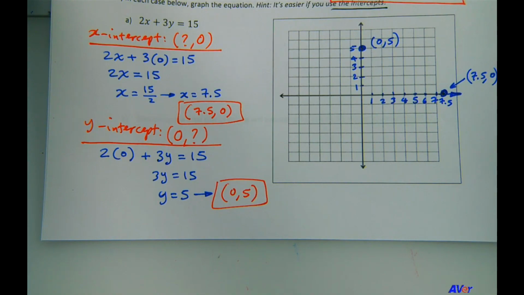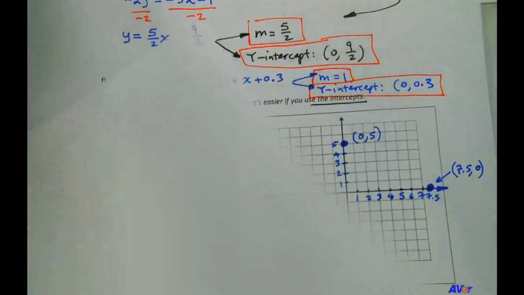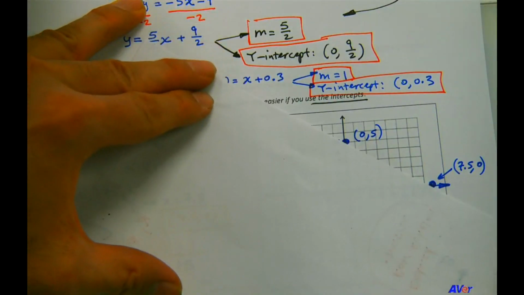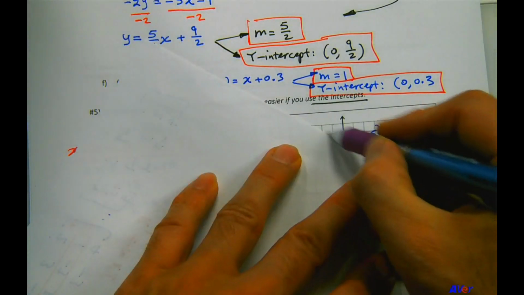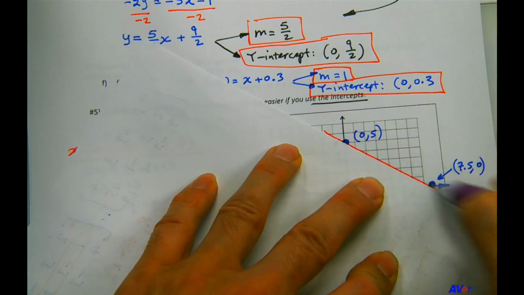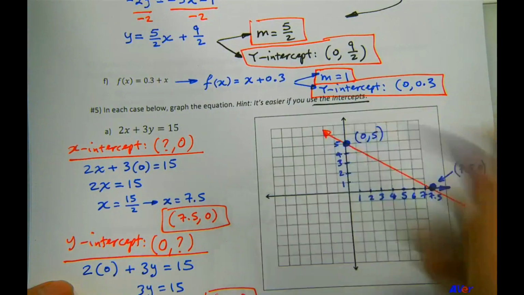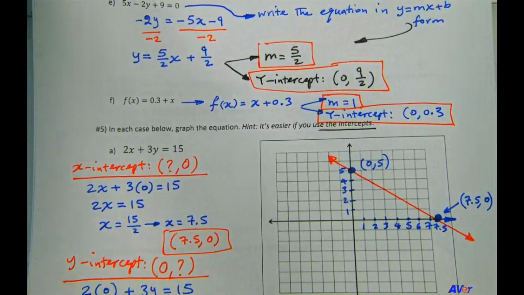Oh, did I bring my ruler? It doesn't look like it. Okay, that's fine. I'm going to use this piece of scratch paper as my ruler. So we connect those 2 points with a straight line, like that.